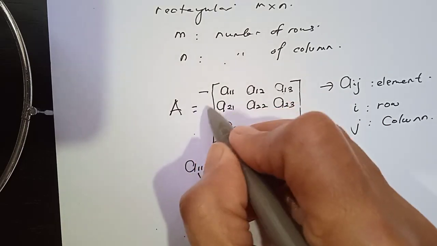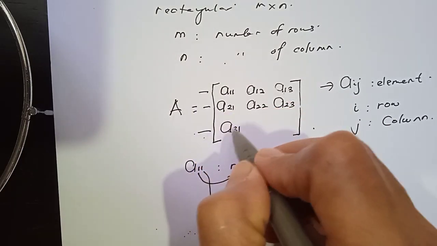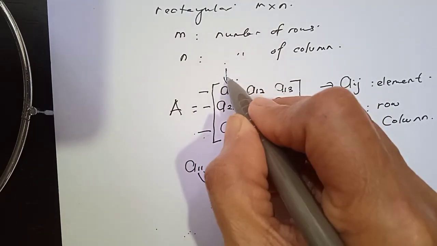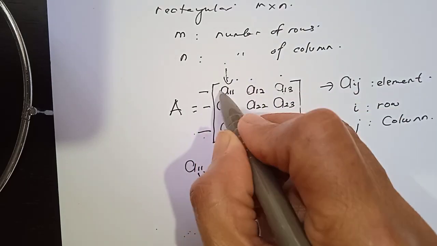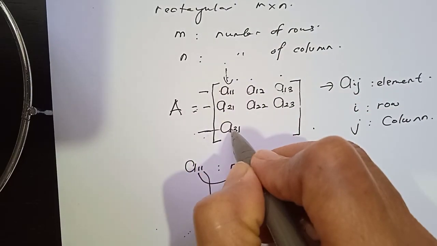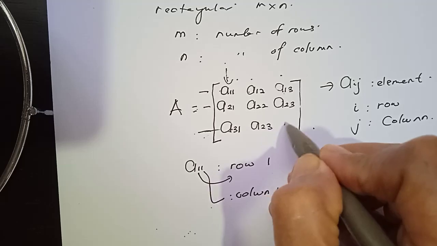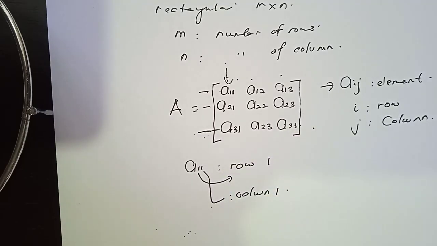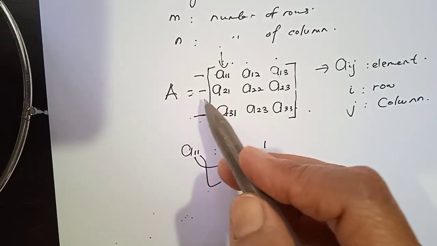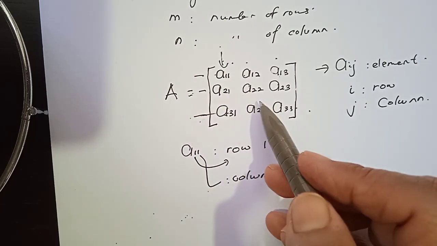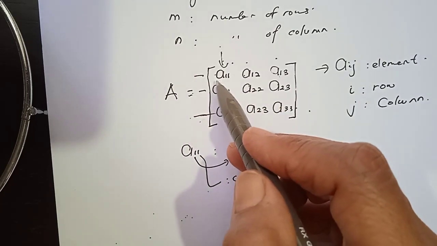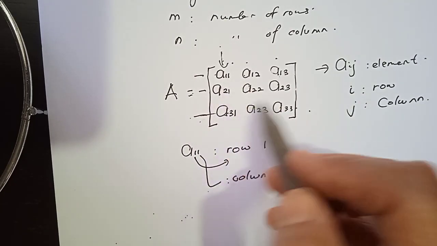This is number of row, row 3 column 1. Column 1, column 2, column 3. Here row 1, row 2 and row 3. A23 and A33. So matrix A is an arrangement of data in row and column.